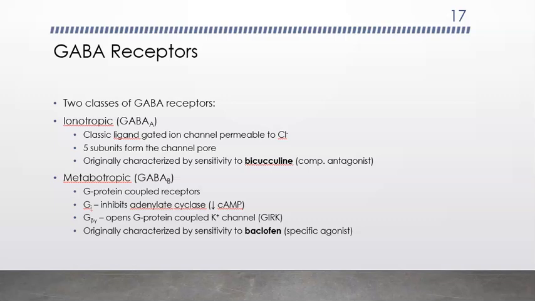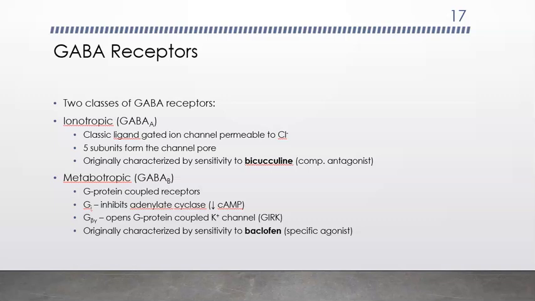GABAa are classic ligand-gated channels that allow in chloride. We talked about that before, and that's what makes it an inhibitory neurotransmitter. There are 5 subunits that form the channel pore. In other words, there are 5 proteins that come together to create the receptor.